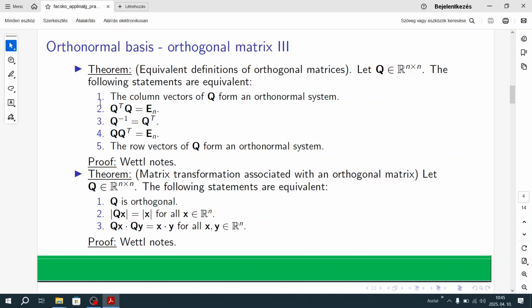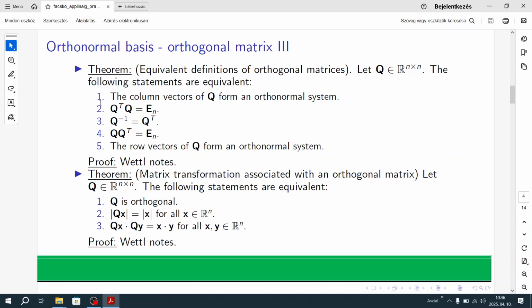Okay, the following definitions of the orthogonal matrices are equivalent. What does it mean? The column vectors of Q form an orthogonal system. That was the definition.